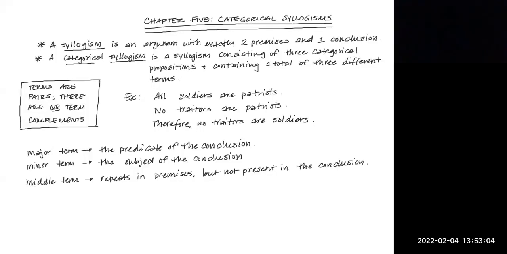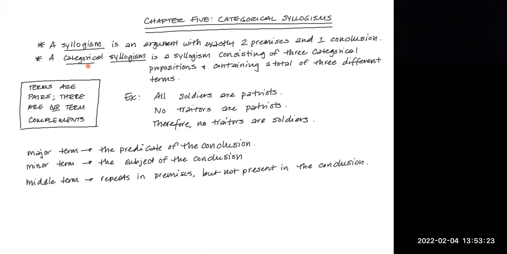In this video, we'll learn about mood and figure, and more about categorical syllogisms, beginning chapter 5. You'll remember from earlier in the semester that a syllogism is an argument with exactly two premises and one conclusion.